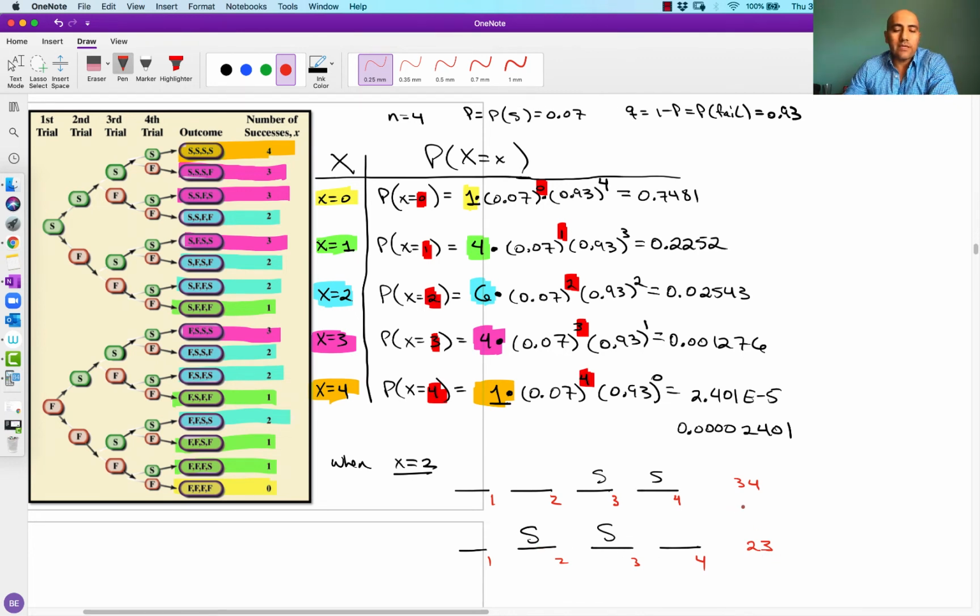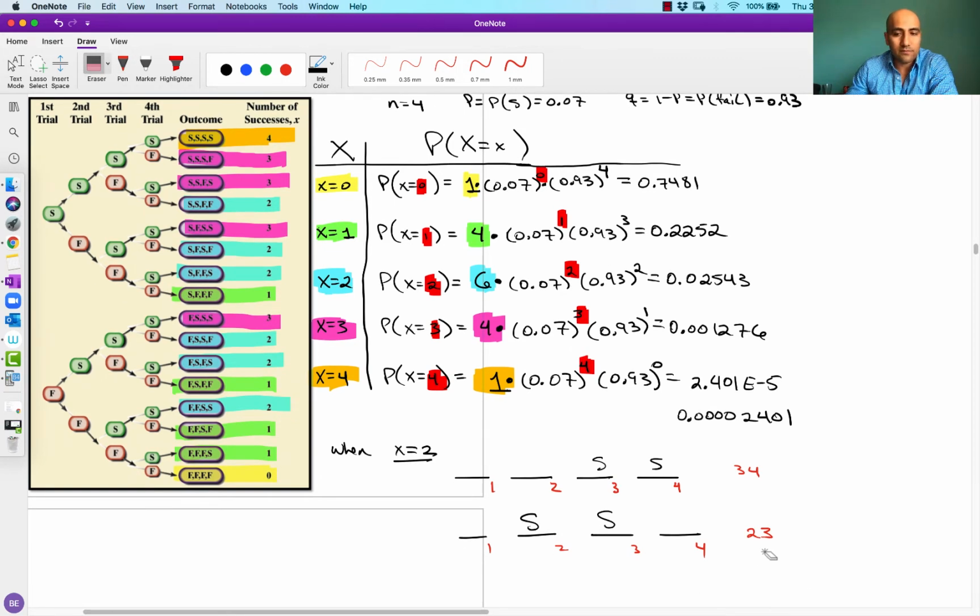So what I want to do is think about all the ways in which I can choose 2 out of the 4 numbers. You cannot pick the same number more than once. So we don't want to consider the cases of like 3, 3, where we chose 3 twice, because that would mean both S's are in the same spot. That doesn't make sense. So we're not going to allow the same value to be chosen more than once.